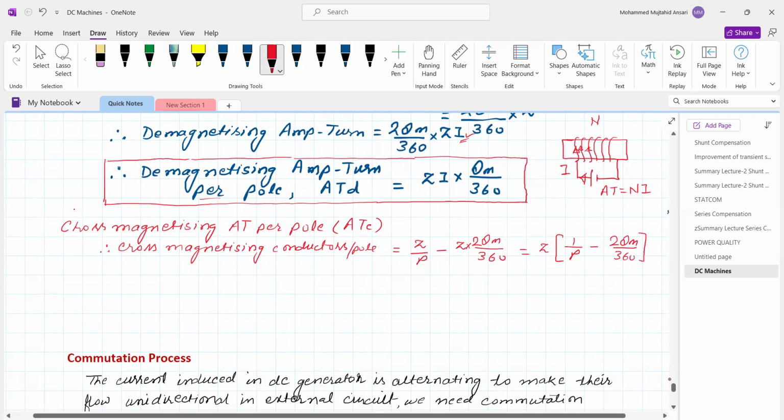Now similarly, finally, we can write the number of ampere turns per pole.